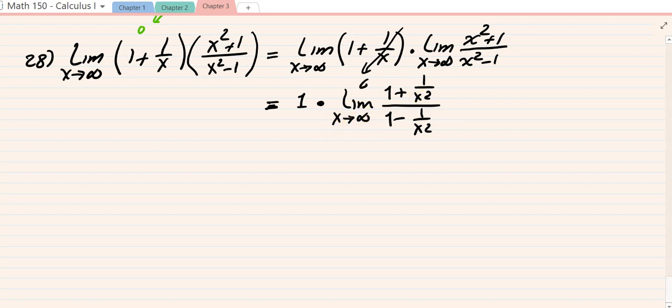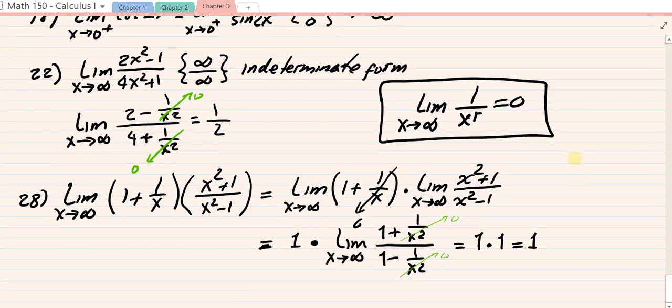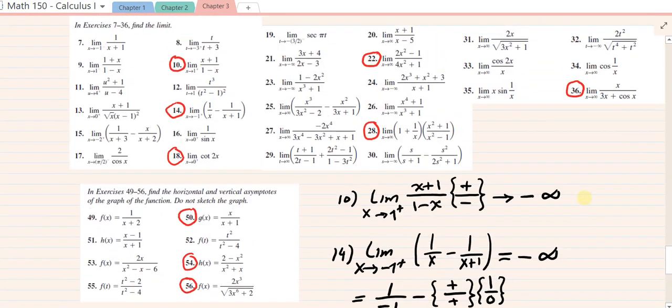Again, we have a case where that limit is 0, that limit is 0, and therefore the limit of the fraction 1 over 1 is going to be 1, and that whole thing is 1. So the answer to number 28 is 1. Okay, we did number 28, and let's take a look at number 36.